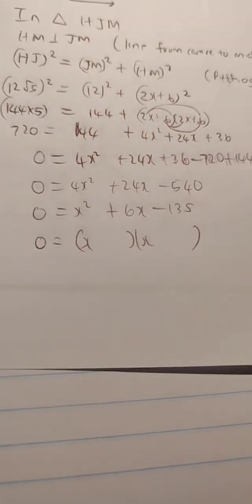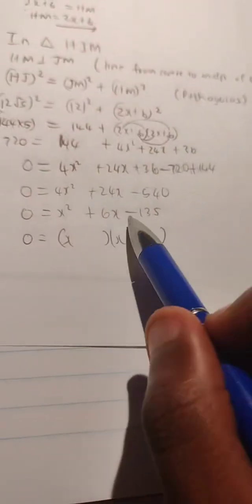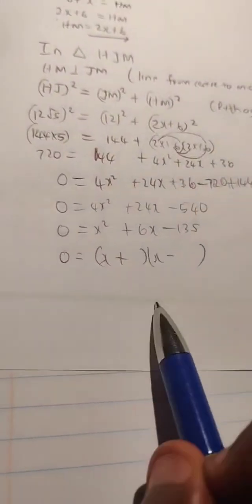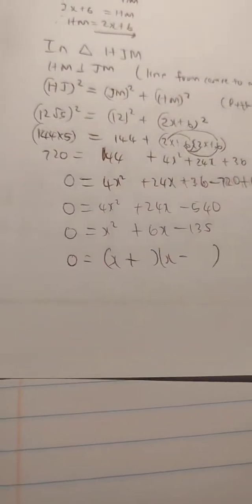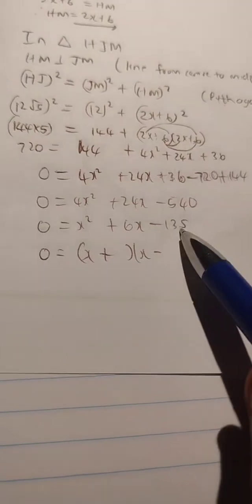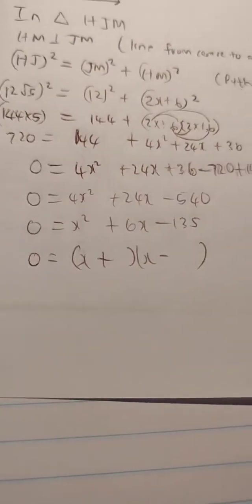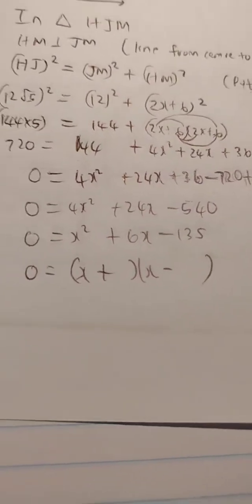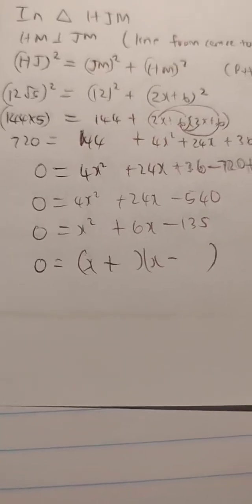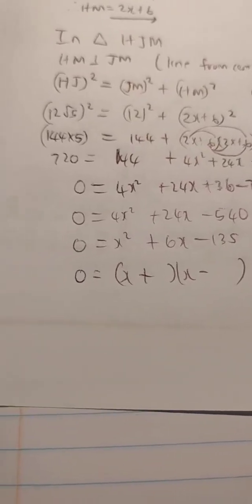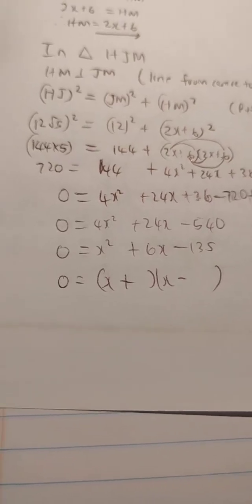When we multiply, we get negative 135. So that means the factors are not going to be having the same sign, but the highest factor will be positive. What are the factors of 135 which when we multiply give us negative 135, but when we add them we get positive 6? I already know what the factors are. Let me just see if you guys know. What would you say are the factors that do that?